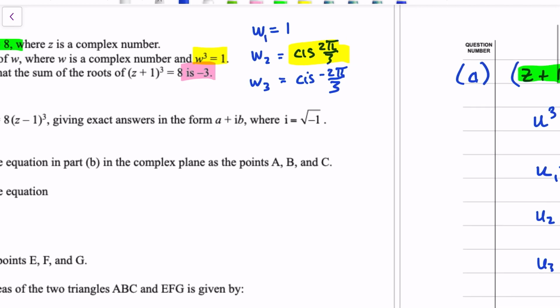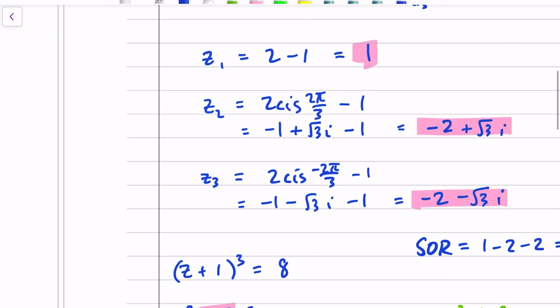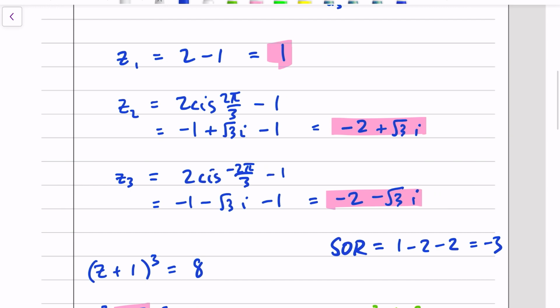If we pick that as our w value, then our solutions to the problem, if we go all the way down here, well, one of them is just going to equal 1. The second one is equal to 2w minus 1, because remember that this was w.